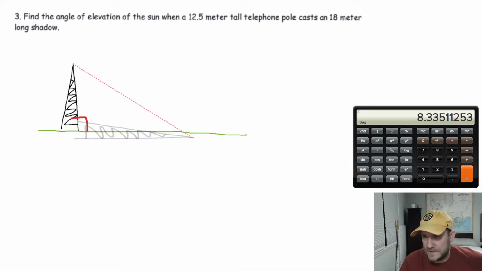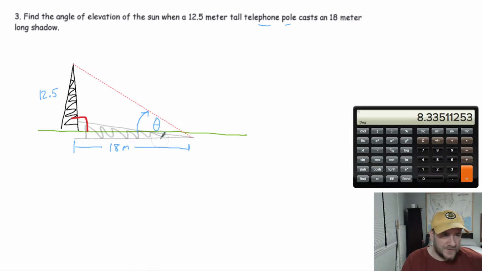Okay, that's easy. That's the angle that rotates up from the ground, so that'll be our theta. Then it says, when a 12.5 meter tall telephone pole. So that's this. Oh, I didn't realize it was a telephone pole. This is a badly drawn telephone pole, but that's okay. Casts an 18 meter long shadow. So down here, the shadow is 18 meters.